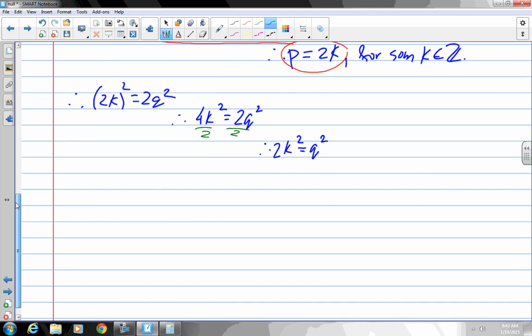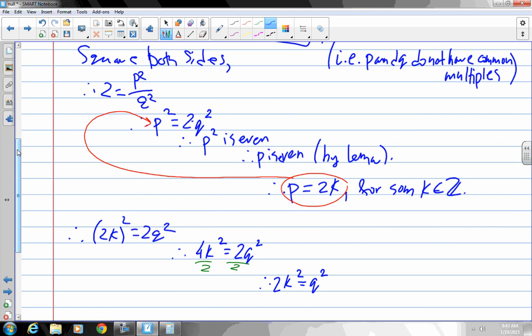Well, not yet, we're making the same argument. I got Q squared equals 2k squared. What can you conclude about Q squared? Is that even? Is Q squared even? Q squared equals 2 times something else. So is it even?